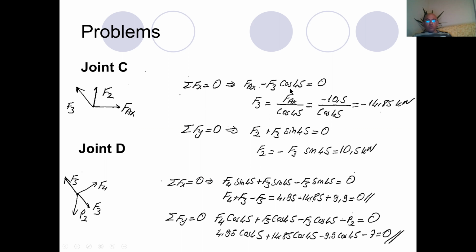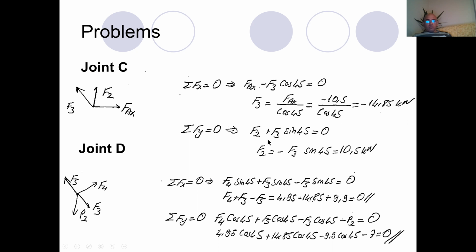Fax minus F3 cosine 45 is equal to 0. So from here we can calculate F3. F3 is Fax divided by cosine 45. This is minus 10.5 divided by cosine 45. And this gives us minus 14.85 kilonewtons. Therefore, member 3 is under compression with 14.85 kilonewtons of force.